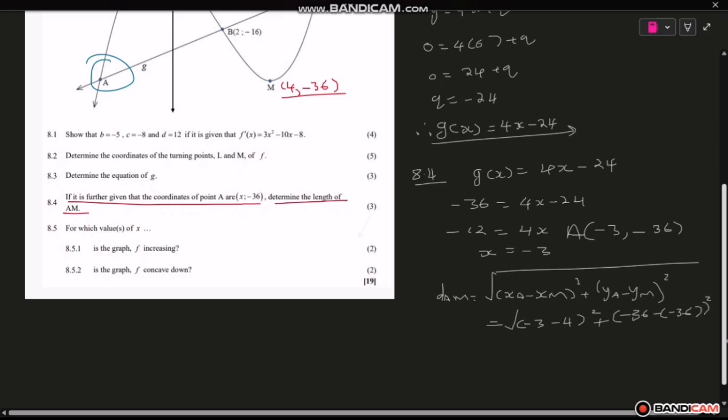Then you put two brackets, squared. You do it like that even when you punch it in your calculator.